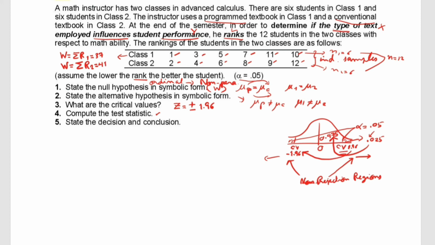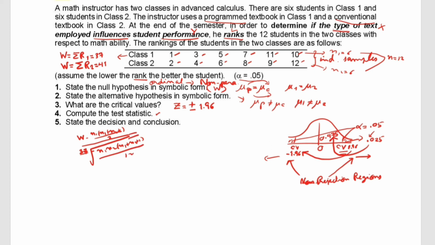And what is important is if you choose W from sample 1, the formula is W minus N1 times (N1 plus N2 plus 1) over 2, and divided by square root of N1 N2 (N1 plus N2 plus 1) divided by 12.